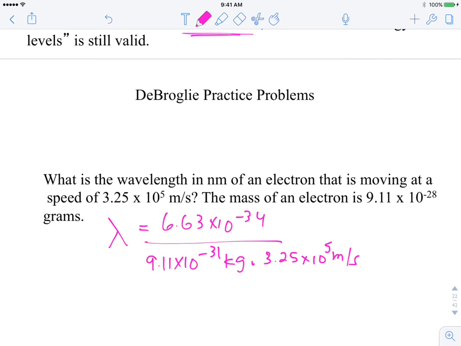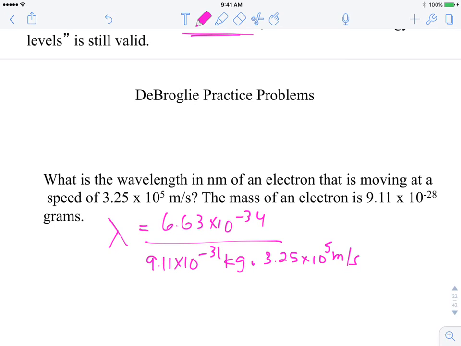So if we go ahead and try to solve for this now in my calculator, I do 6.63 e to the negative 34th, and I divide that by 9.11 e to the negative 31, and then I divide that answer by 3.25 e to the fifth.